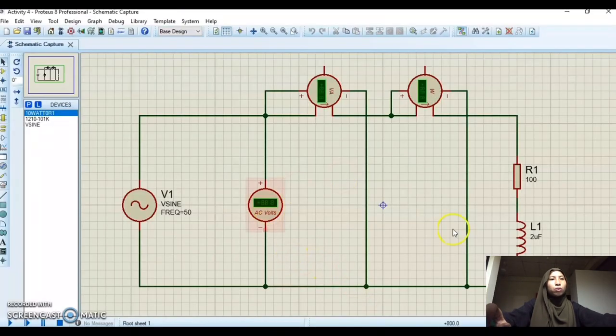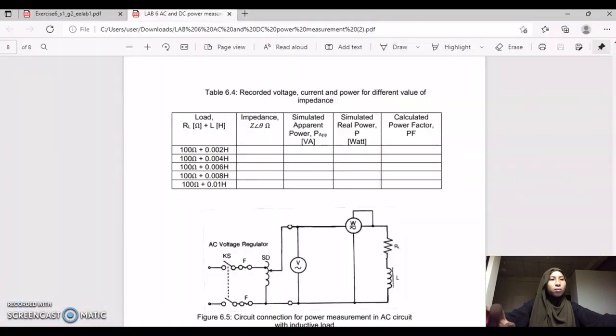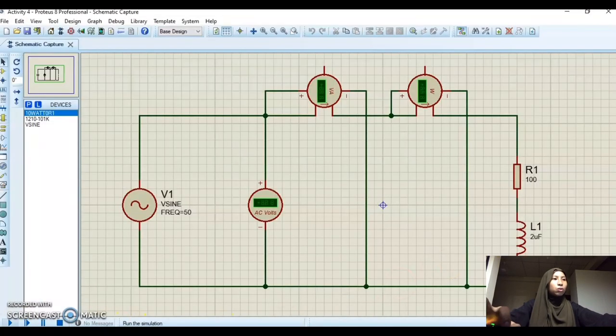Looking at the simulation circuit, we start with 0.002 Henry, and we run the simulation.